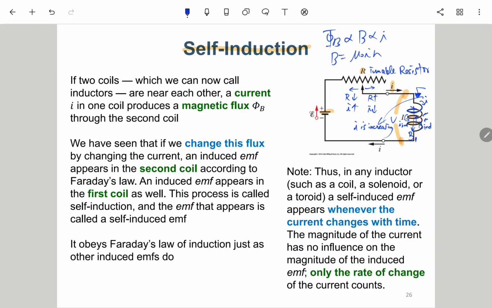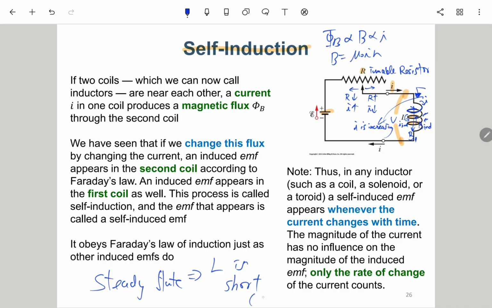I mean, for the steady state, which means that if we don't change the current at all, making it a constant, it will finally settle to a value, and then the inductor will look like a short.